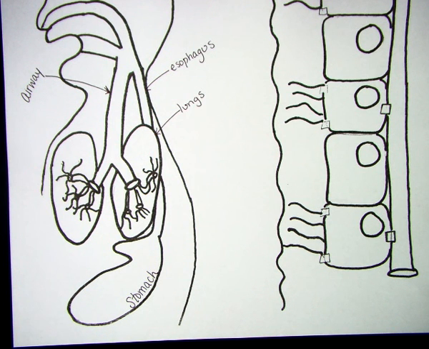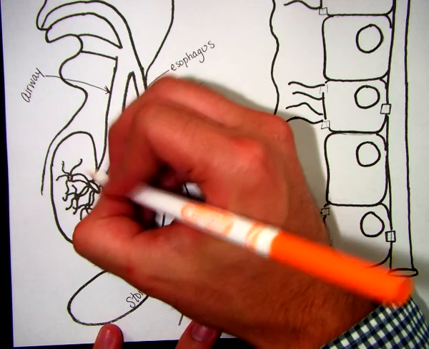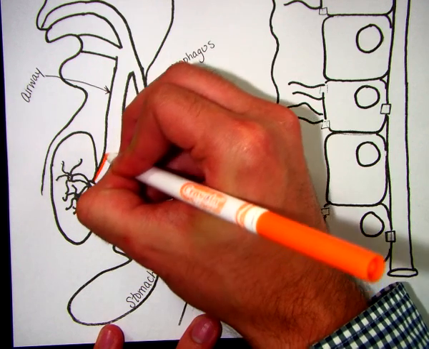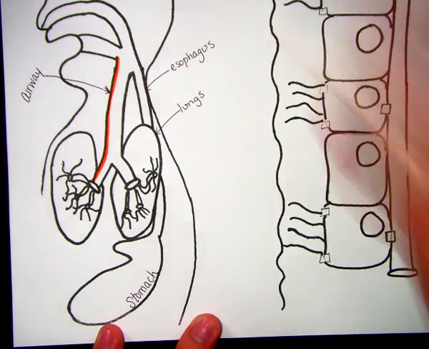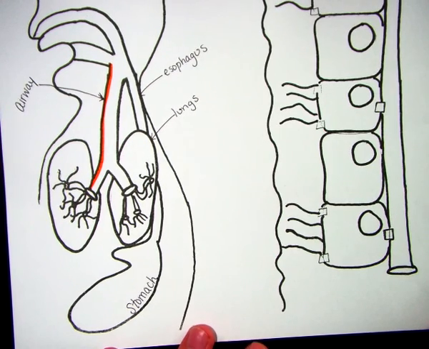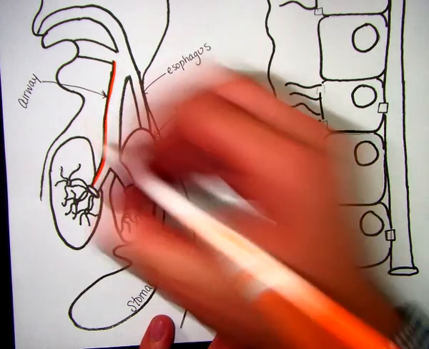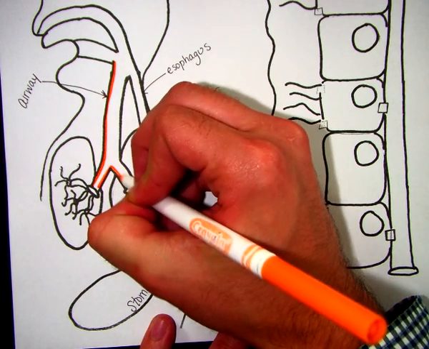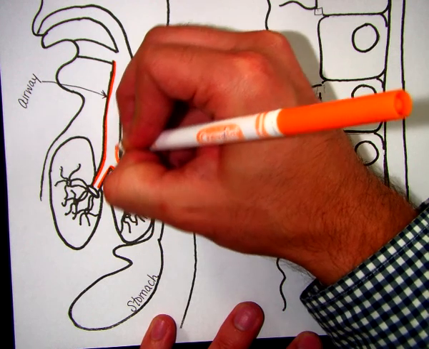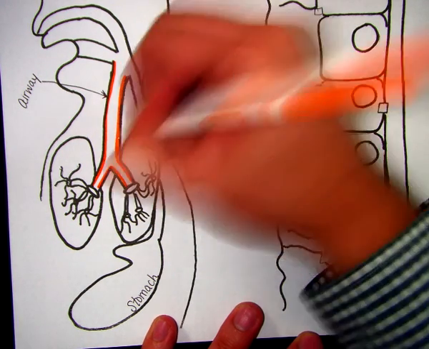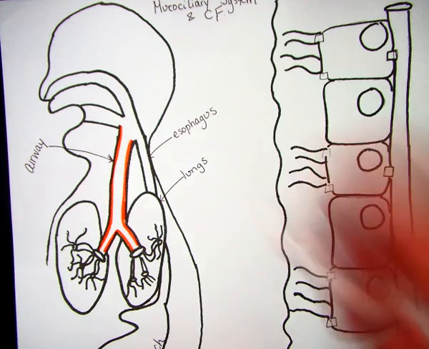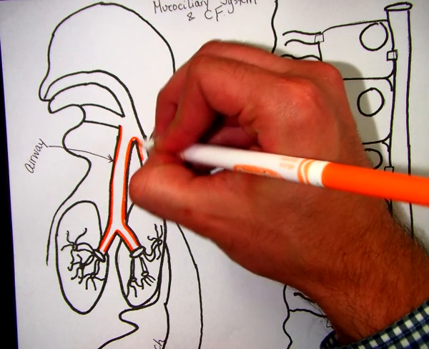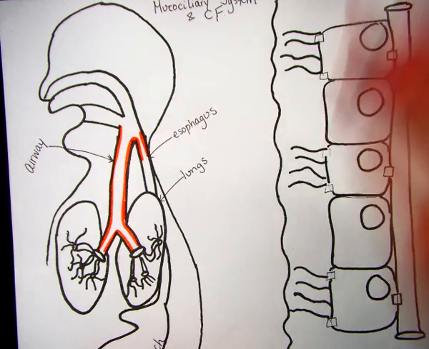All right, so like was mentioned, inside your airway, the walls of your airway are lined with a mucus. So again, you don't need to use orange. Just any color will work. But the walls of our airway are lined with mucus. Okay.